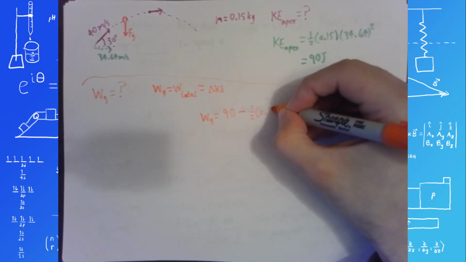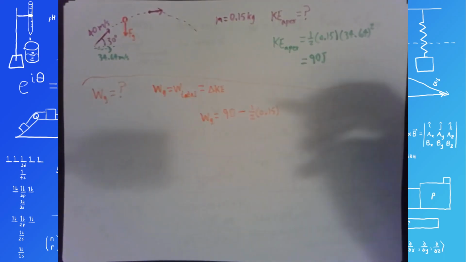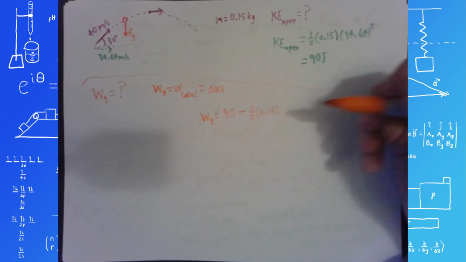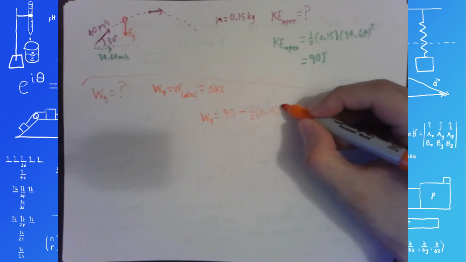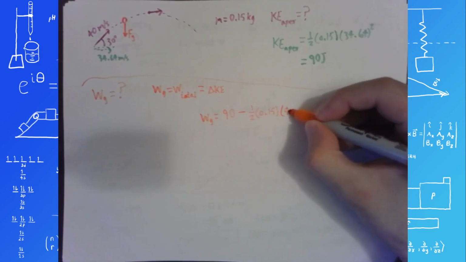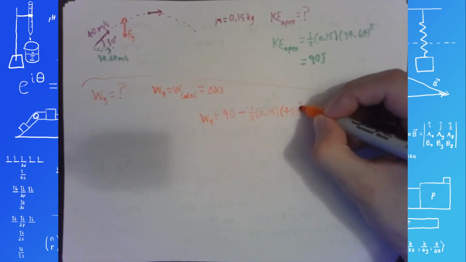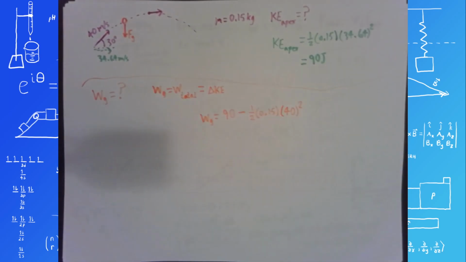mass is 0.15. And I see this marker is on its last legs. And then V initial squared is 40 squared.